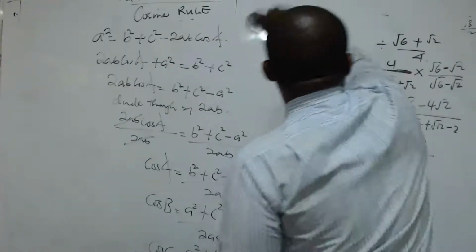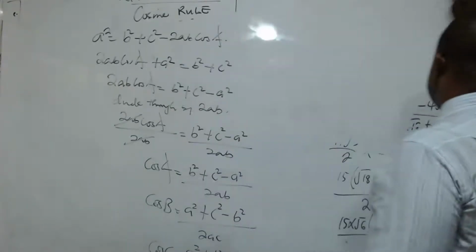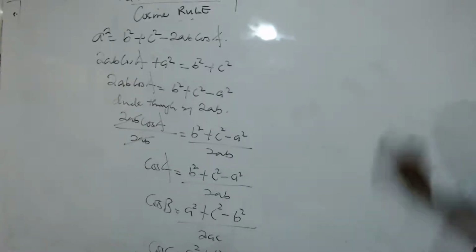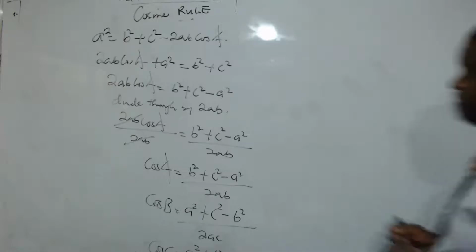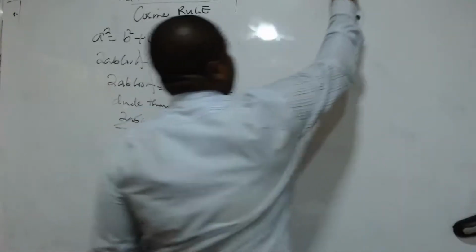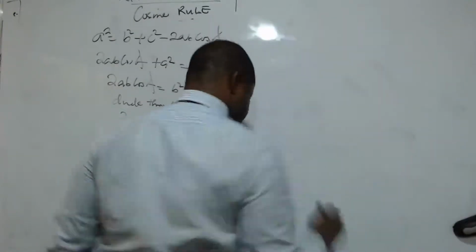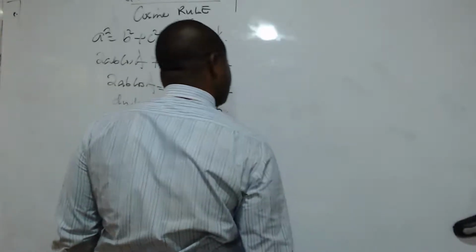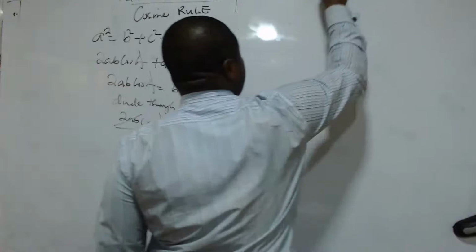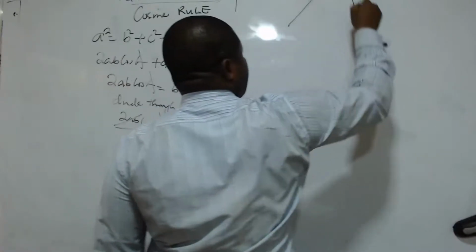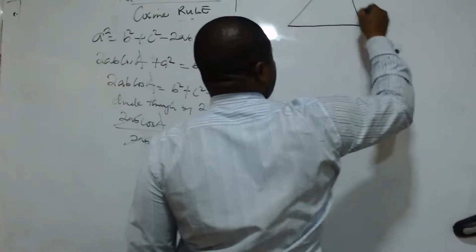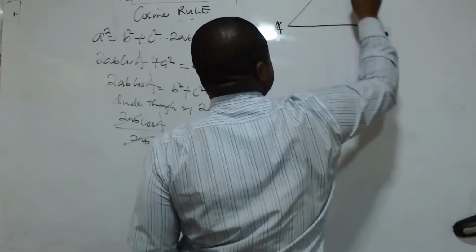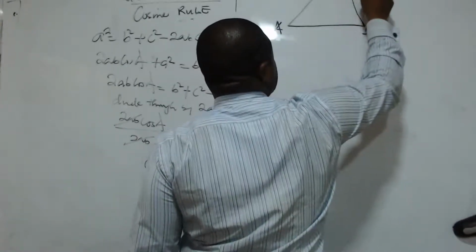Under that JAMB part, we have something like this. We're having A, we're having B, we're having C. Here I have 12 centimeter.